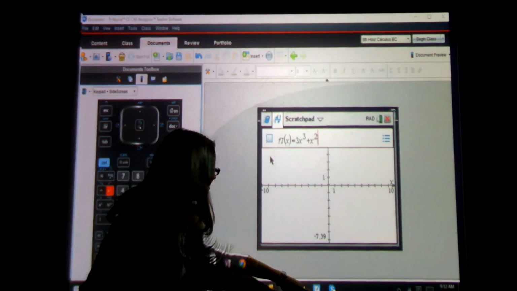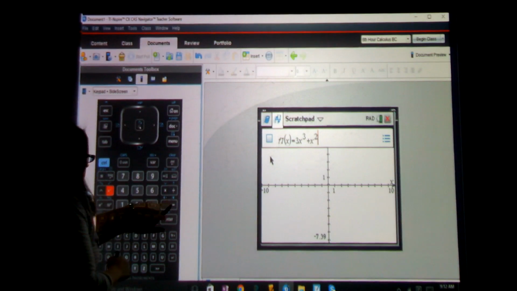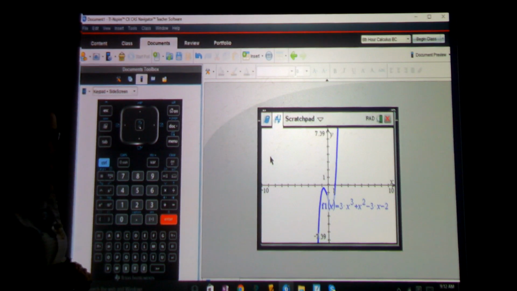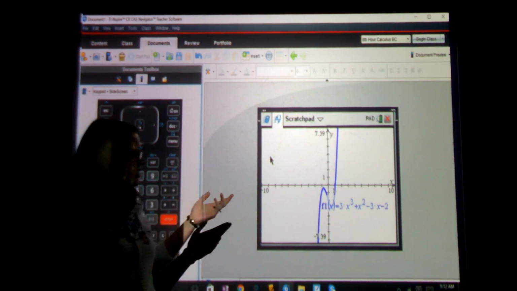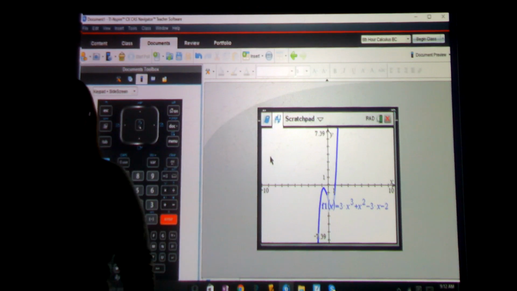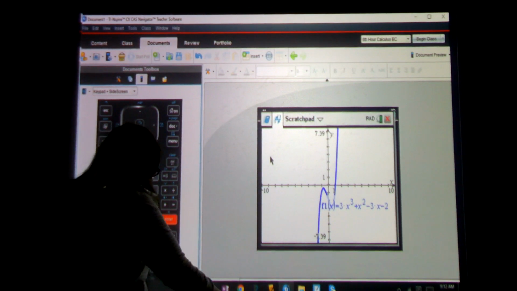If you aren't already, you better be grabbing your Inspires. Minus 3x minus 2. You can zoom in if you'd like. We don't need to, we just need a generic guess. Looks like it crosses at 1. You can say 1.1 if you want to be accurate, but usually we do 1 decimal or whole numbers, whichever is closest. So my first guess I'm going to say is 1.